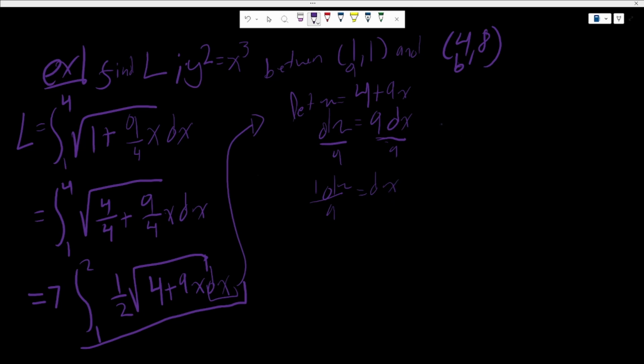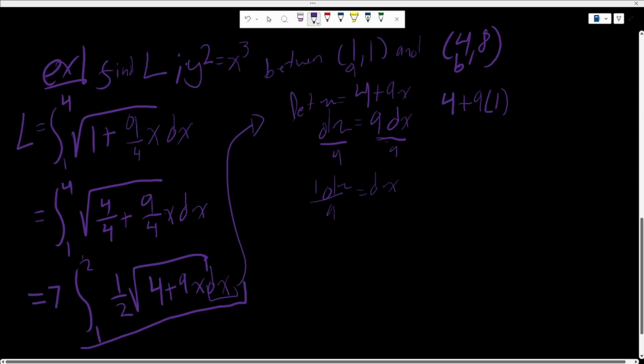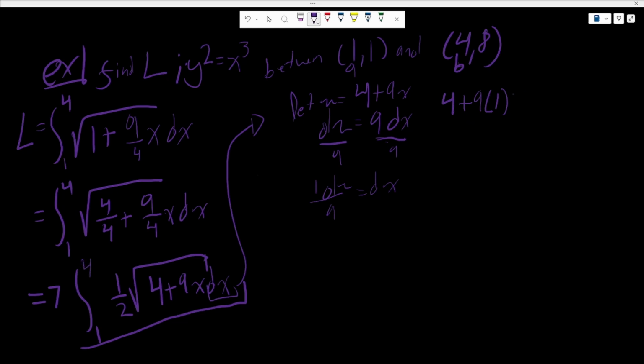And let's also change our bounds. So if we plug in 4 plus 9 of 1, and I just noticed right here, 1 to 2 should be 1 to 4. So if we plug in our old bounds into our equation for what we substituted for u, we'll get our new bounds for our u substitution integral. So we'll have 4 plus 9 times 1, which is just 13.